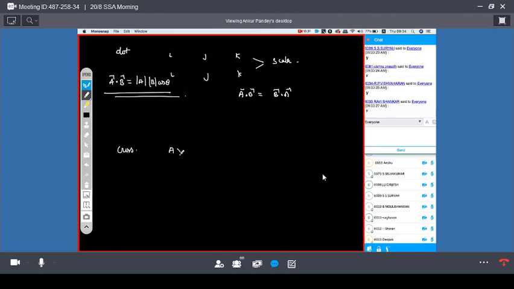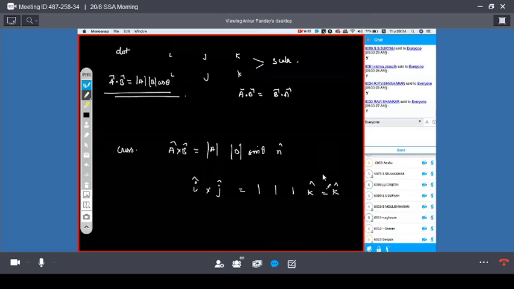Cross product is defined as A cross B is equal to magnitude of A, magnitude of B into sine theta multiply with a unit vector which is mutually perpendicular to both. So like i cross j will be equal to magnitude of i, magnitude of j, sine of the angle between i and j, 90, is 1, and a unit vector which is mutually perpendicular to both i and j is k. Got it? So the answer will be k.